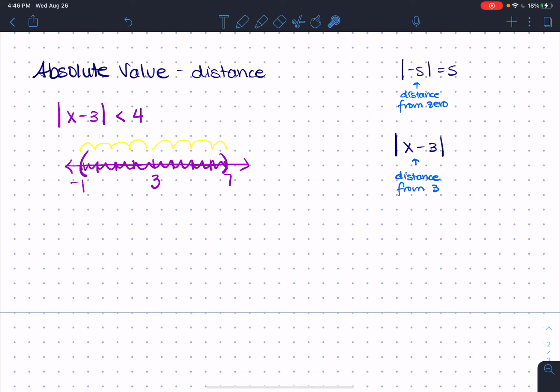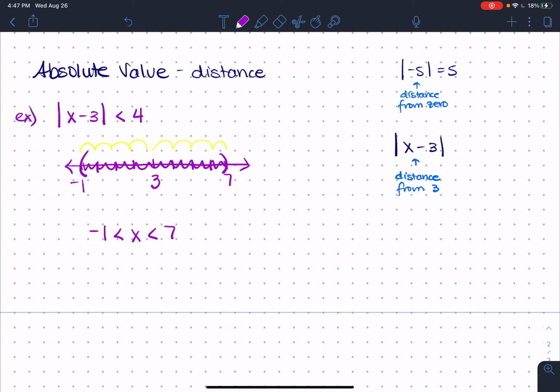From 3 to 7 is 4 units. So if I'm anywhere in here, I'm less than 4 units away from 3. Same thing on this side, anywhere in the shaded region. So another way of writing that absolute value is I could say that -1 is less than x is less than 7. So this all means the same thing.